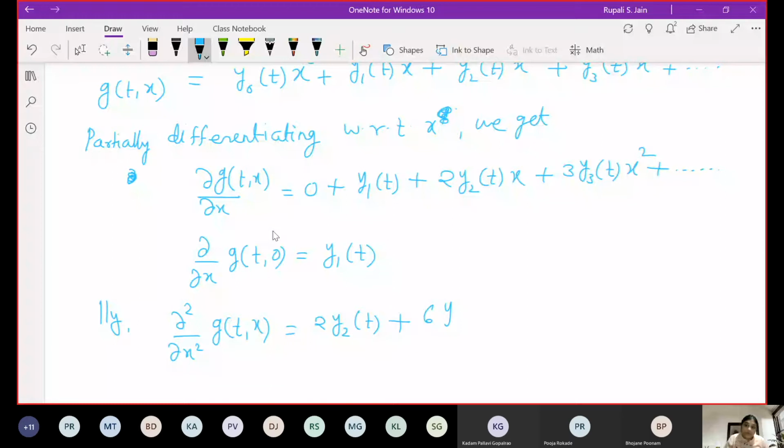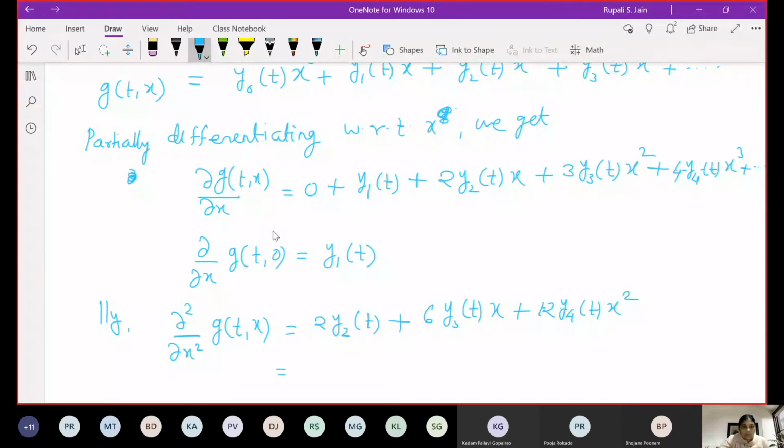Now, if I want to find the value of y_2(t), I will write the next term also: 12 times y_4(t) x square, and so on.